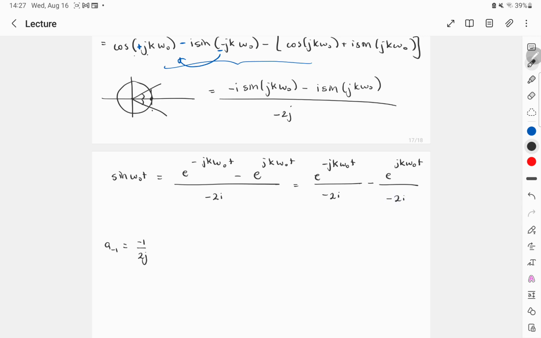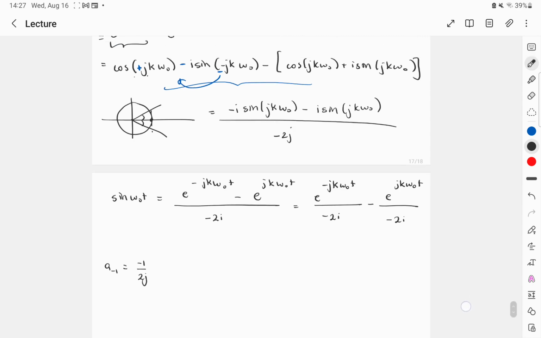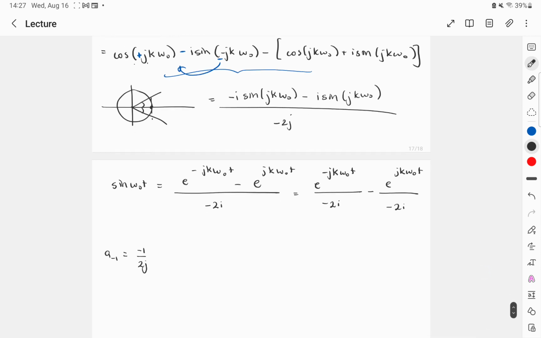Minus 2j, and the k value, I'm sorry, there's no k here. The k value is the subscript of a. So here we have k equals minus 1, so that we have the minus sign in front, and here we have k equals 1, so that it is multiplied by plus 1.